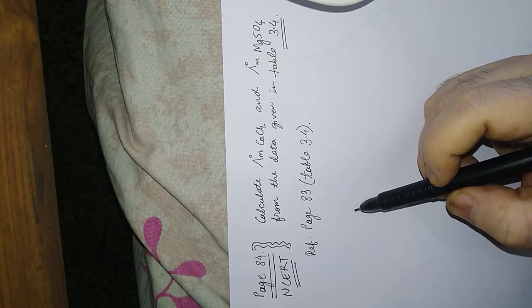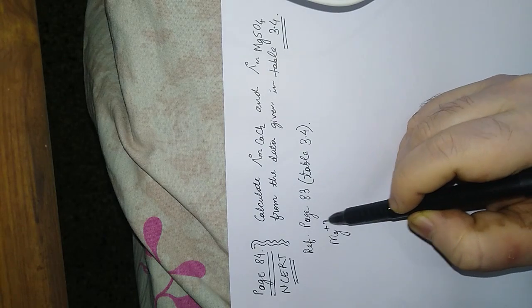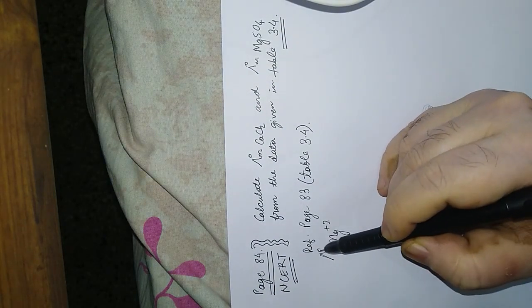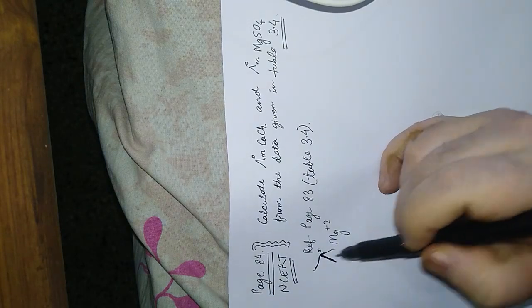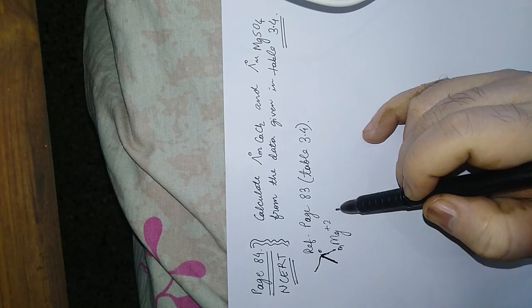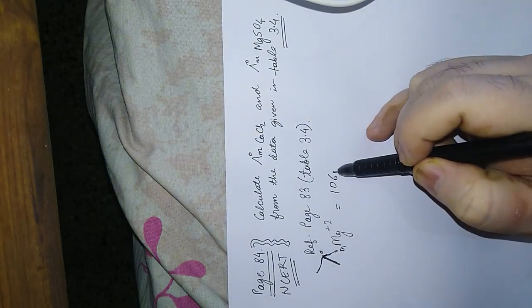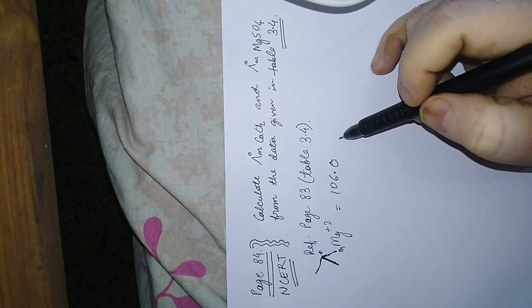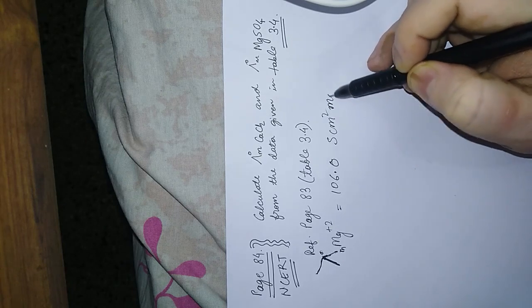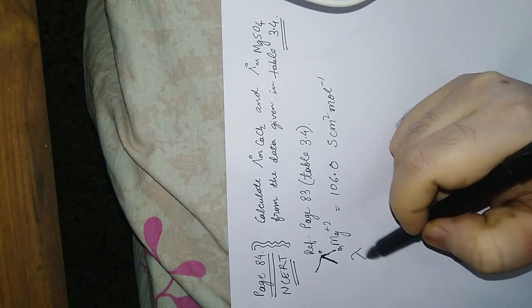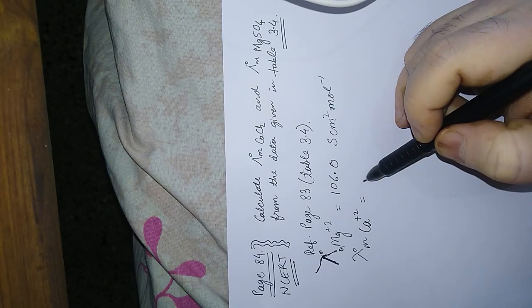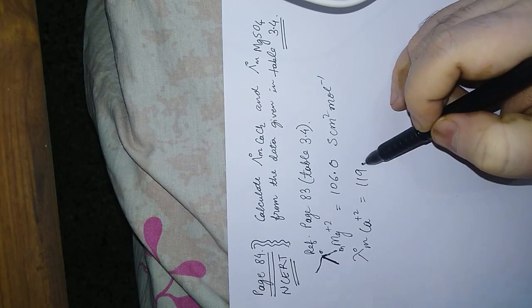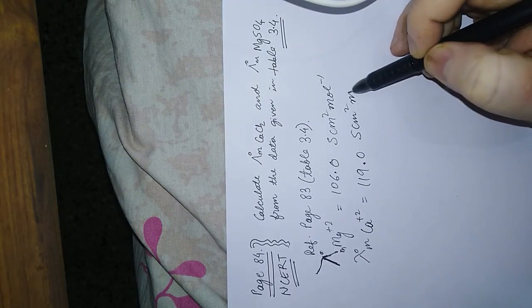It is given that the molar conductivity of Mg2+, small lambda m, is equal to 106.0 Siemens centimeter square per mole, and the molar conductivity of Ca2+ is equal to 119.0 Siemens centimeter square per mole, and we will require that for chloride.